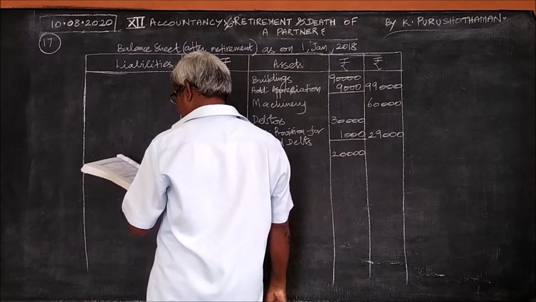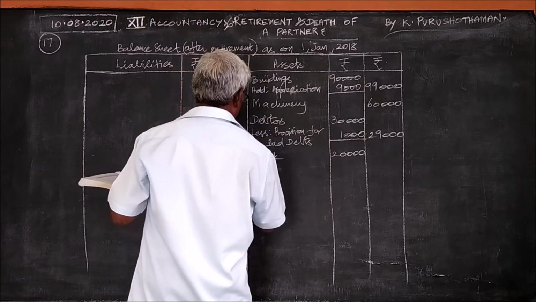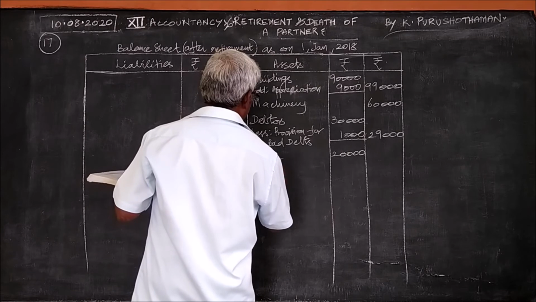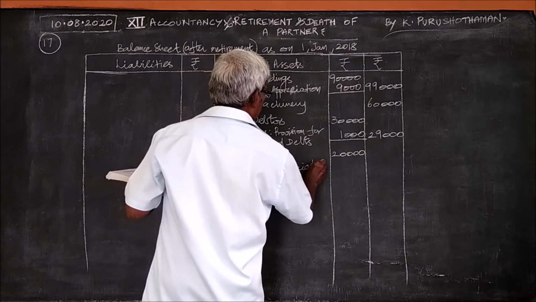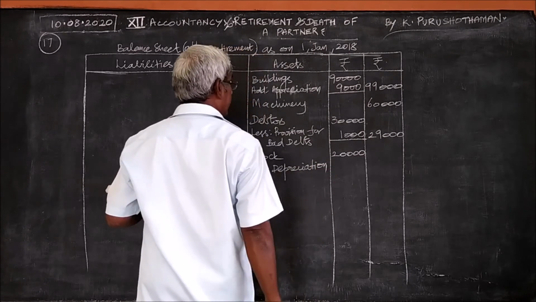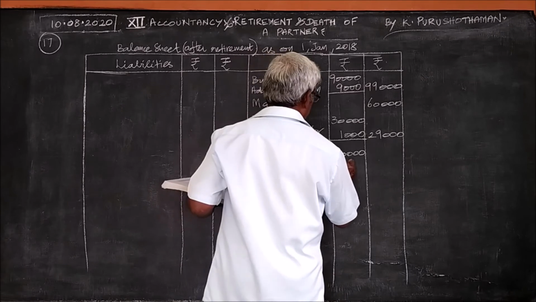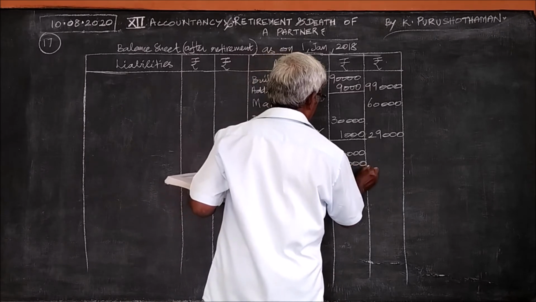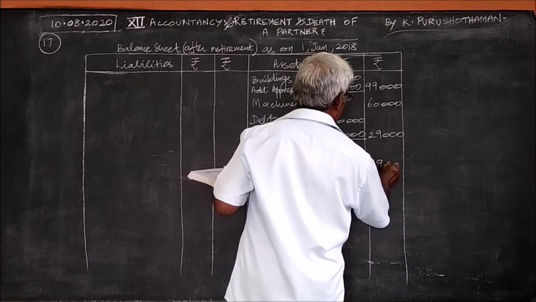Stock to be depreciated by 5%. Less depreciation. 5% we have calculated already for the revaluation account. That is 1,000 rupees. You write it. 19,000.